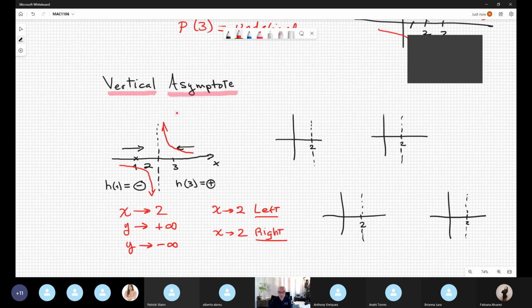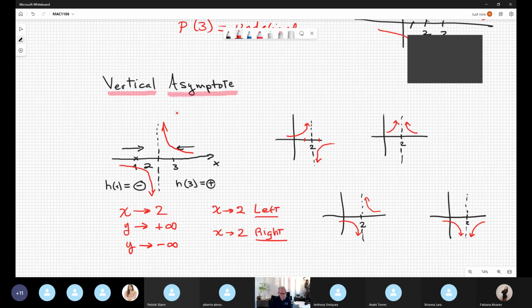The curve approaches here and approaches here. How do we investigate? Easy. You evaluate 1 point before 2 and 1 point after 2, and you analyze the sign. If it is positive, if it is negative, this is the behavior, or if it is positive on both sides, this is the behavior, or if it is negative here and positive here, it is another behavior, or if it is negative on both sides, it is another behavior.